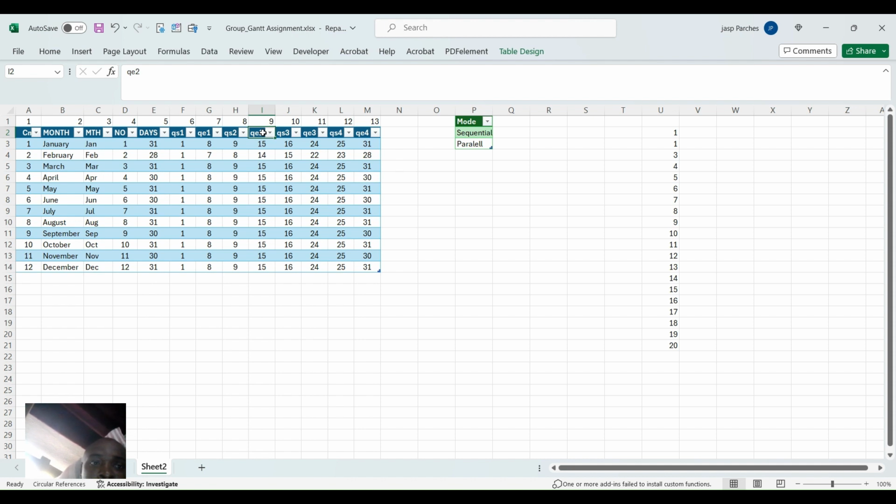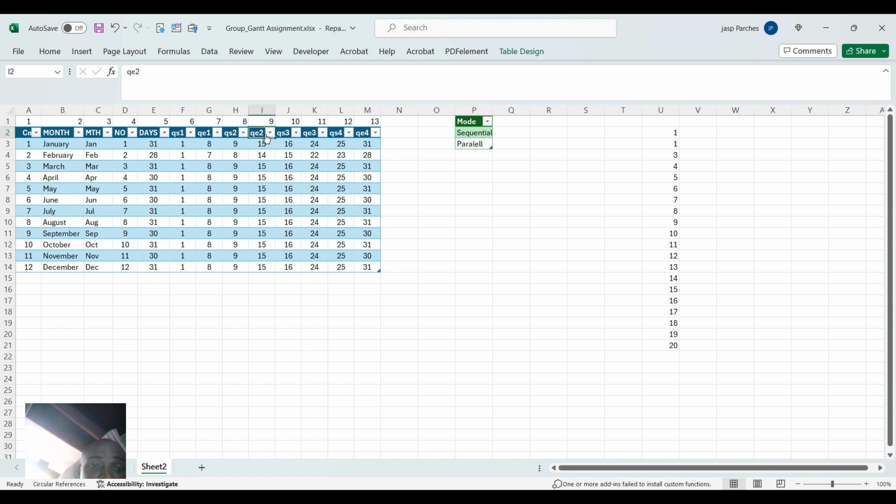And when I say quarter, let's understand this. QS1 means quarter start one. QE1 is quarter ending one. QS2 is quarter start two. QE2 is quarter ending two.